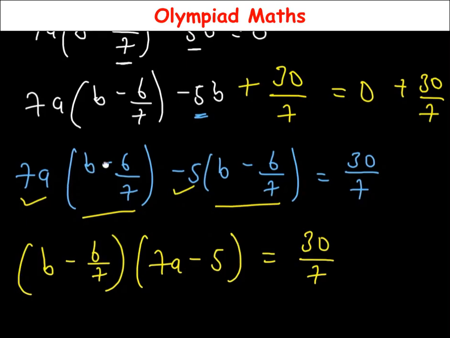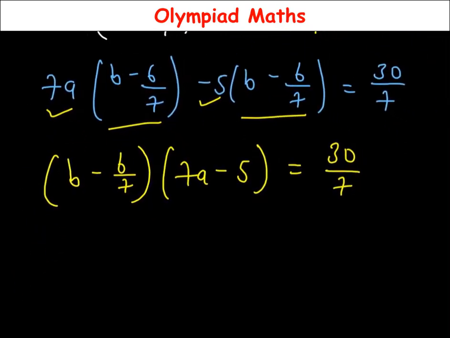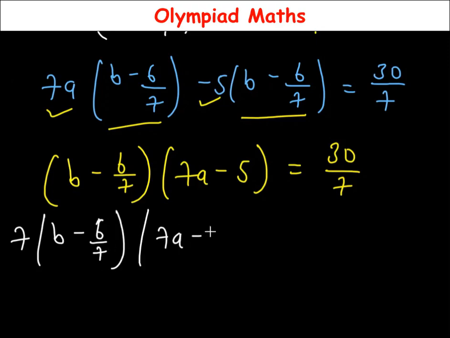With this, we multiply both sides by 7. So 7 multiplied by b minus 6 over 7, then multiplied by 7a minus 5 is equal to 30 over 7 times 7.